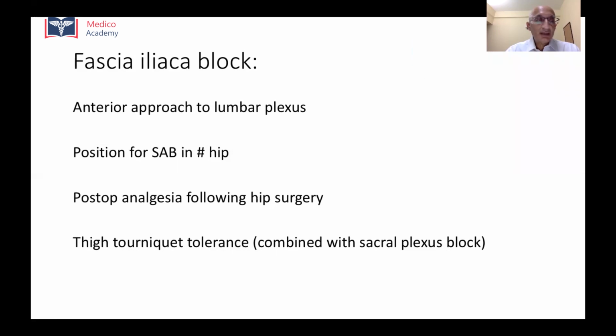It is also a useful modality for post-operative analgesia following hip and proximal femur surgeries. And it's useful when a thigh tourniquet is to be used combined with high sacral plexus block.